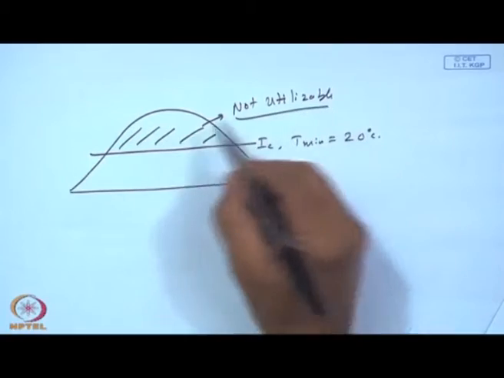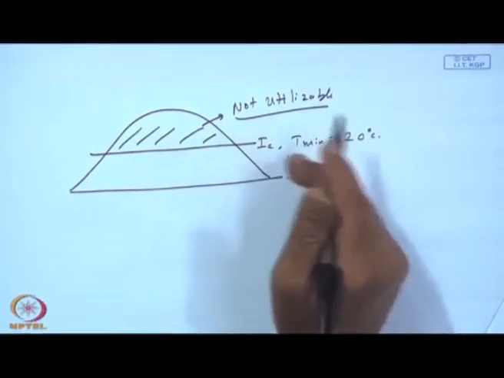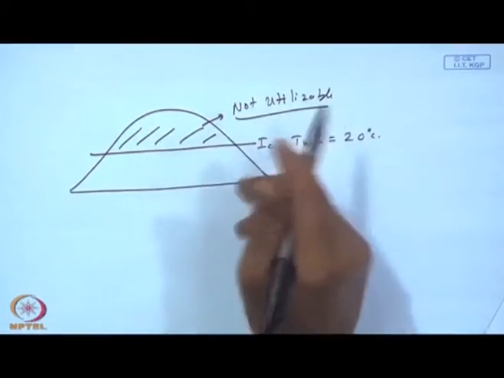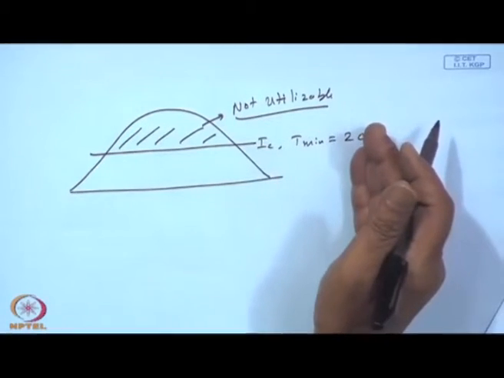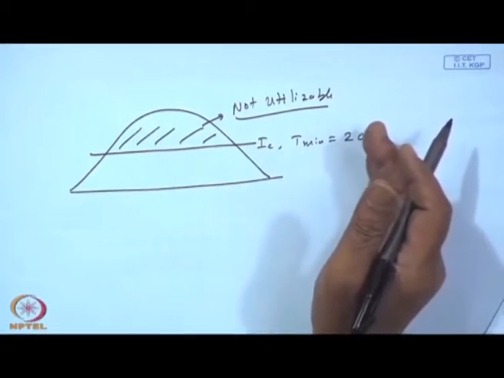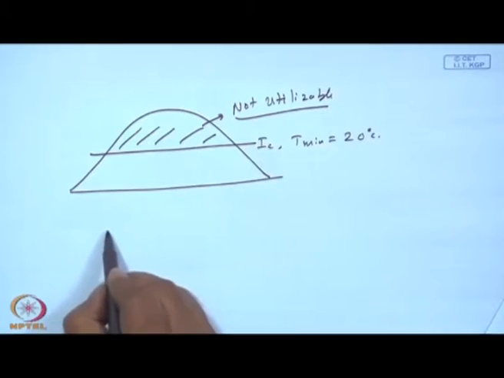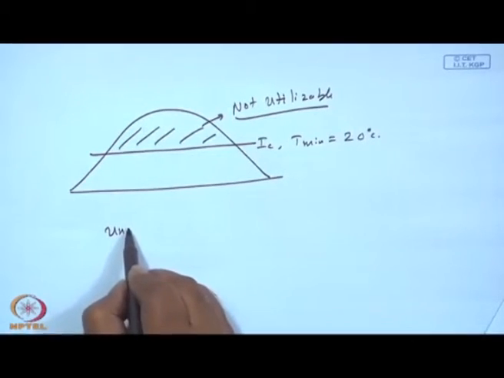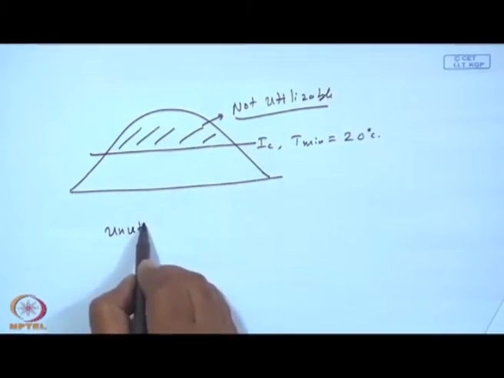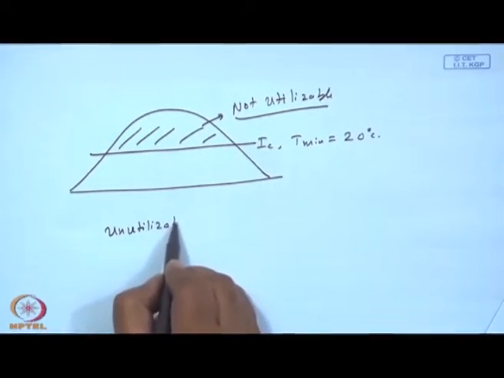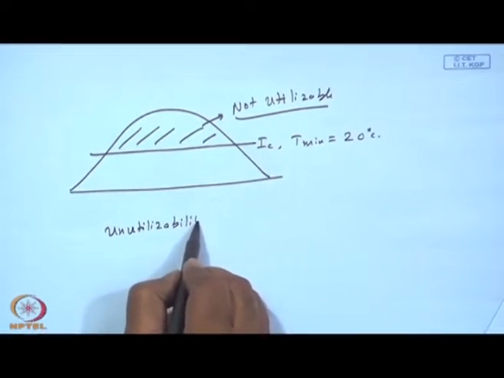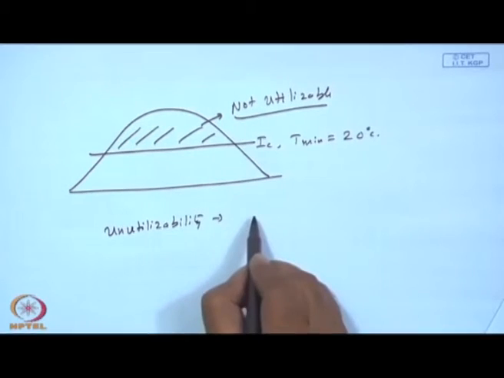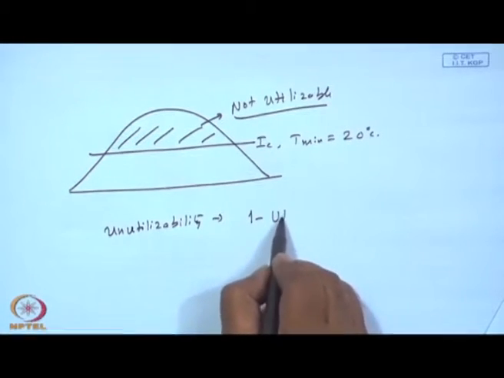In other words, when the radiation is above this critical level, it heats the room beyond 20 degrees C, which we do not want. So, my unutilizability is 1 minus utilizability.